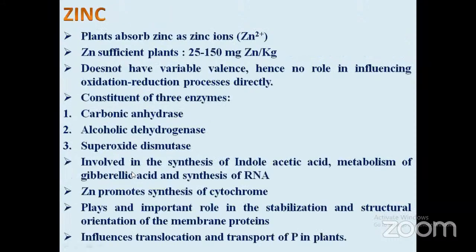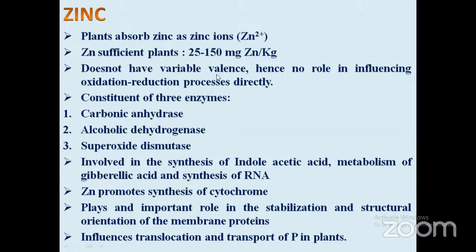Now moving ahead to another micronutrient, that is zinc. Plants take up zinc as the Zn2+ ion, and the zinc sufficiency content in plants is 25 to 150 ppm. Zinc does not have variable valence. It is only Zn2+. Hence, it has no direct role in influencing oxidation-reduction, that is redox, processes.